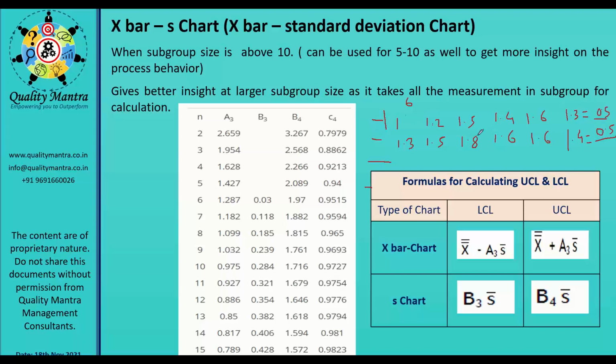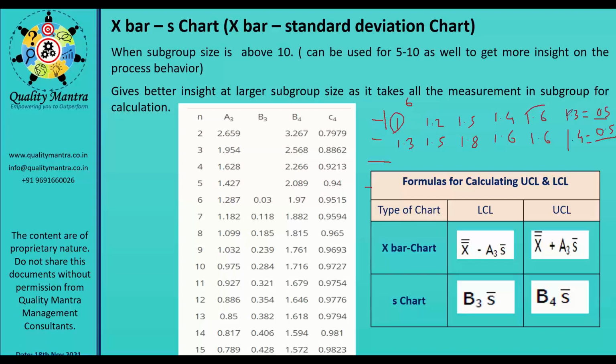So can you say that the variation within this subgroup is the same? Because for calculating the range, how many data have you used? 2, yes. You have used this and you have used this.